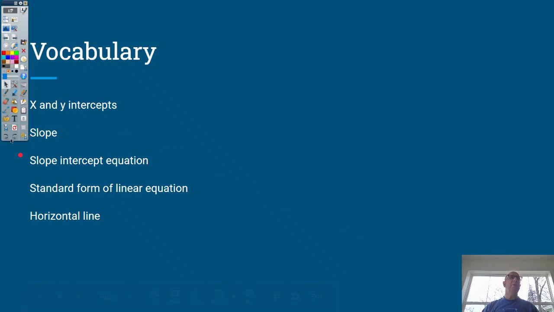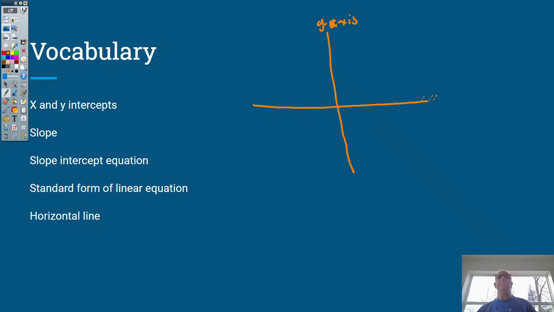Some new vocabulary you might want to learn or get familiar with: x and y intercepts. On a graph, the y-axis goes up, and the x-axis goes across. They're supposed to be straight lines, not curved like mine, but they go forever and ever.